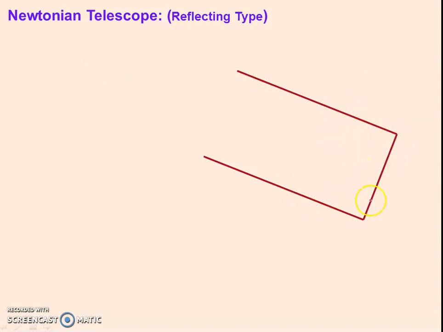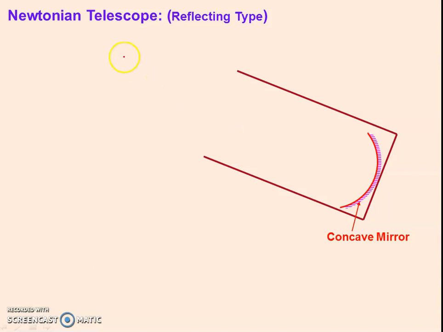One end is closed and the other end is open, right? A concave mirror, and moreover a parabolic concave mirror, is fitted at the closed end, and the second end is open for the gathering of the rays coming from the object.